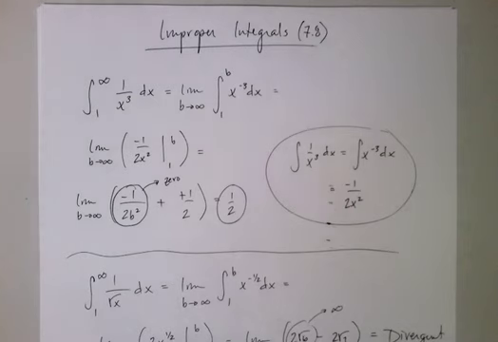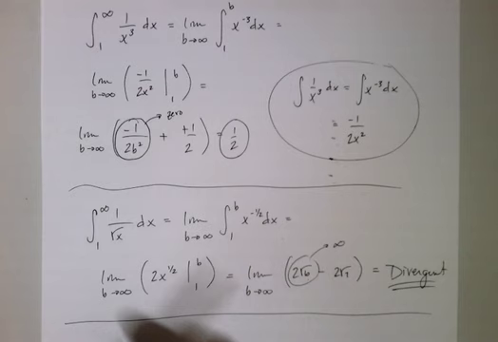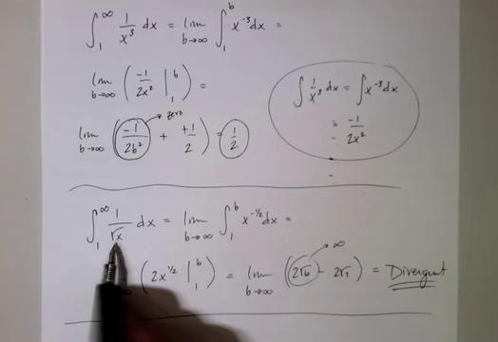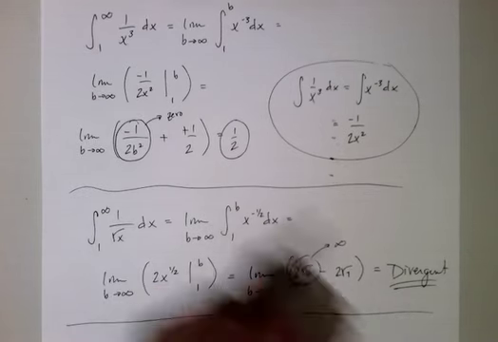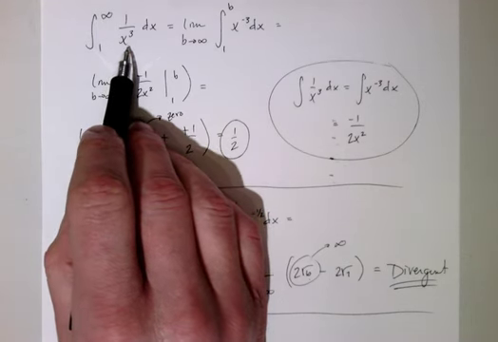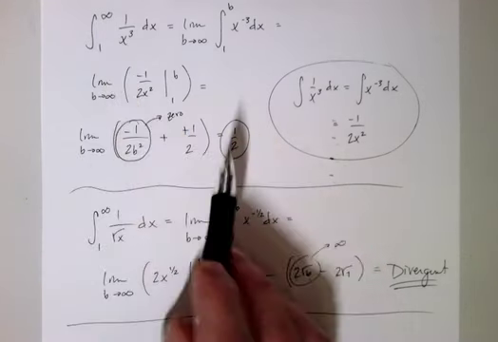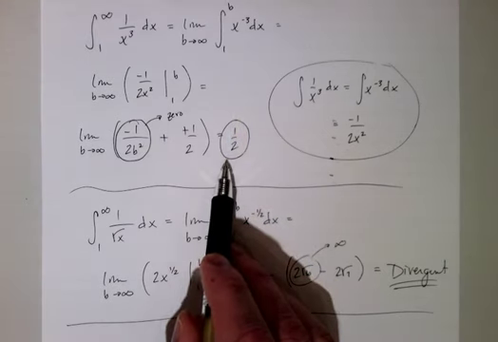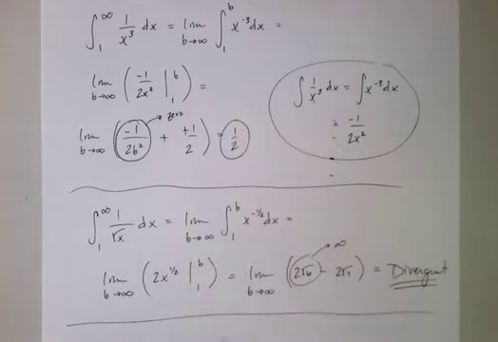So I can make a rule by hunch that if my power is within 1 unit of 0, it's going to be divergent. If it's more negative than negative 1, I'm going to get a convergent value, and I'm actually going to get an actual value.